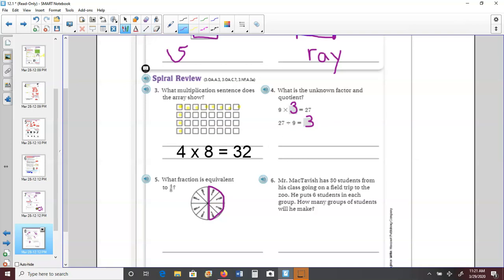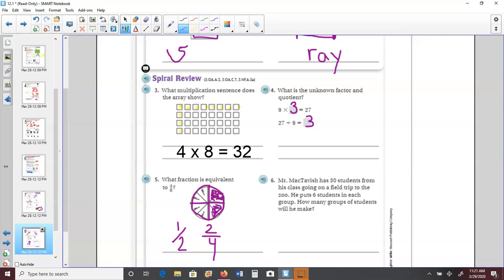So I could say 1/2 is equal to 4/8. Or maybe, boys and girls, you looked at 2 of these eighths together, and then these 2 eighths together. And then you could see how our circle could be split into 4 pieces. And 2 out of those 4 pieces would be 4/8. So 4/8 is the same as 1/2 or 2/4.